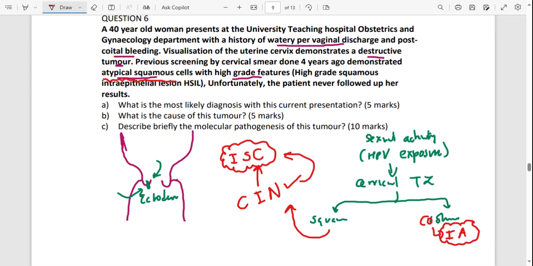My network just disconnected. I don't know where I ended. Have we gotten to where I talked about the invasive squamous cell carcinoma?